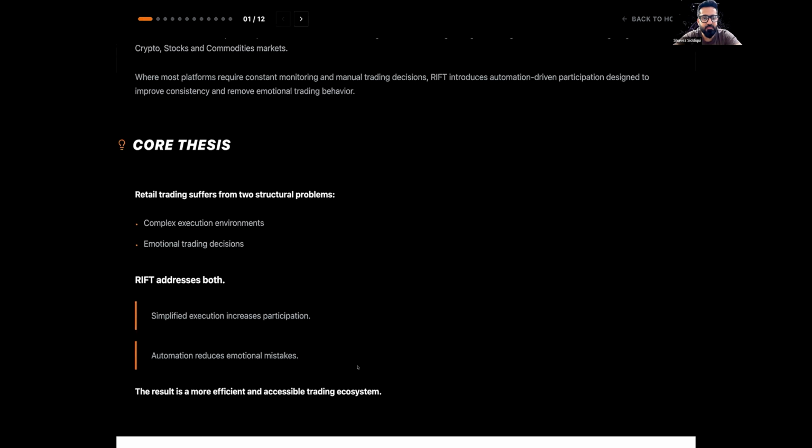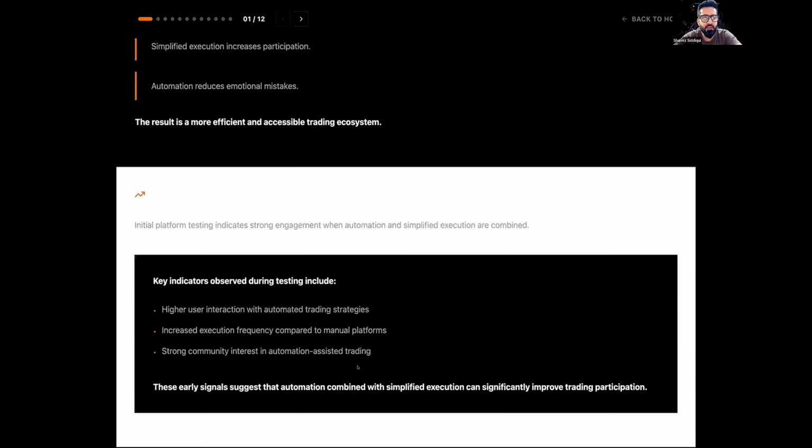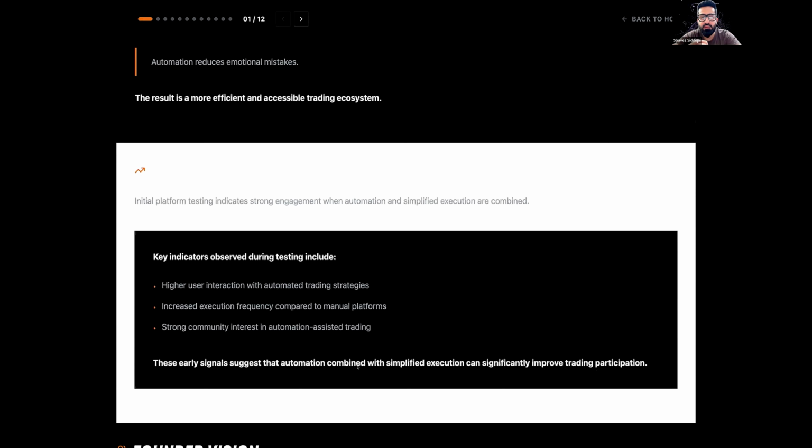So the result is a more efficient and accessible trading ecosystem that we have shaped together in the form of Rift. These are the key indicators we observed during testing. We tested the product with multiple traders, professional traders, testers, and developers, and we experienced higher user interaction with automated trading strategies.